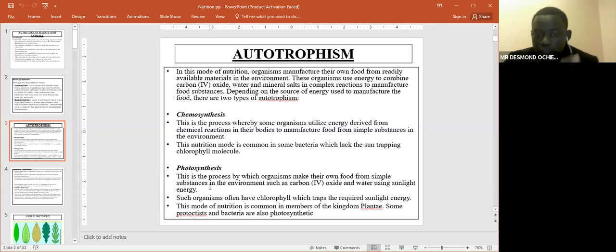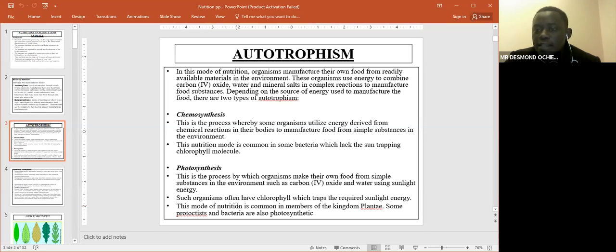So these organisms that photosynthesize, or the organisms that manufacture their own food from simple substances using light energy, are the green plants. Now, green plants are the most common. We've also said there that such organisms often have chlorophyll, which traps the required sunlight energy.